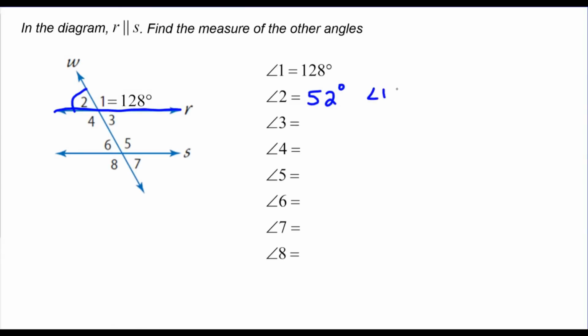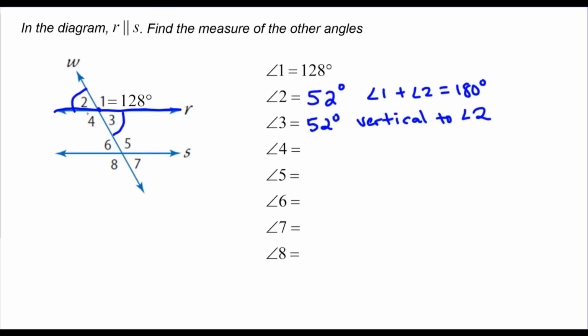Now that I know angle 2, I know angle 3. What kind of angles are these? They're across the vertex from each other with crossed lines. These are called vertical angles. Angle 2 and angle 3 are vertical to each other, so they're congruent. So angle 3 is 52 degrees.